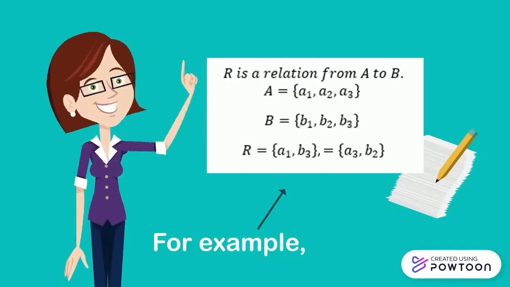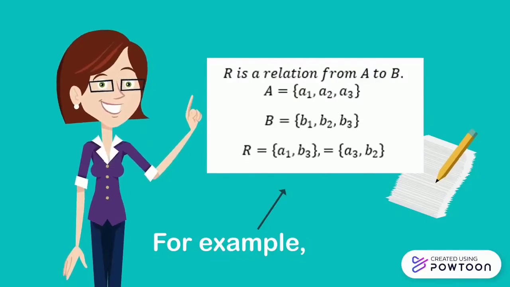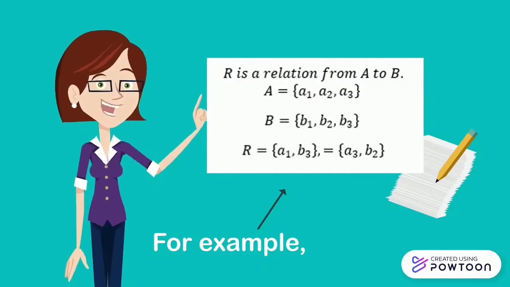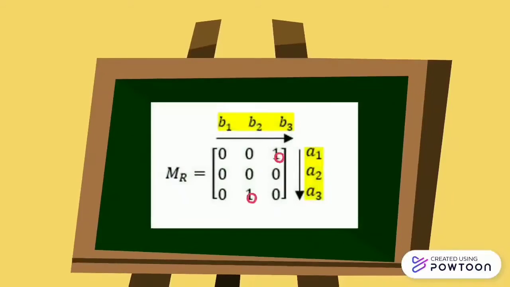R is a relation from A to B. R equals {(a1, b3), (a3, b2)}. Let the elements of A become the rows and elements of B become the columns. The matrix MR is like this.